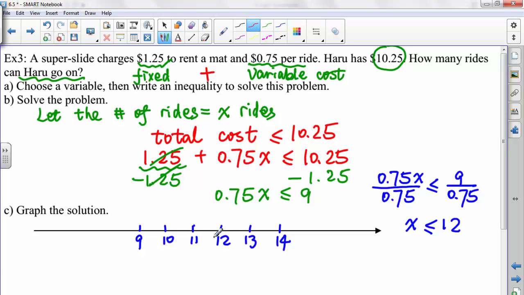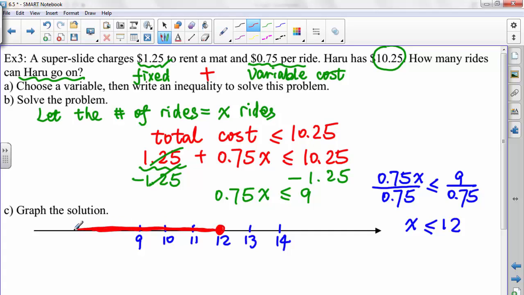So right now, x is less than or equal to 12. So we should use a shaded circle to show 12 is a part of the solution in the final inequality. And then we need to shade the left side.